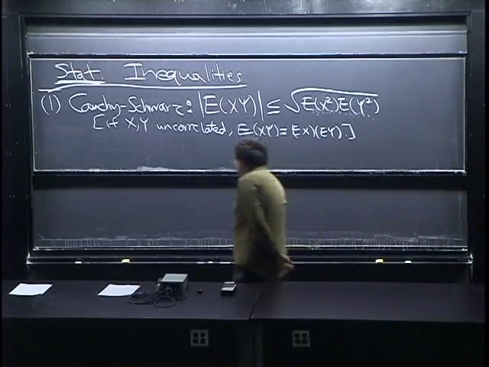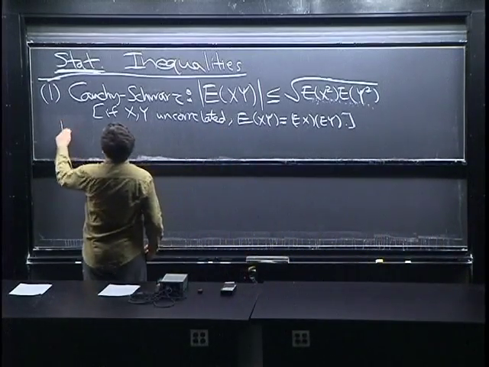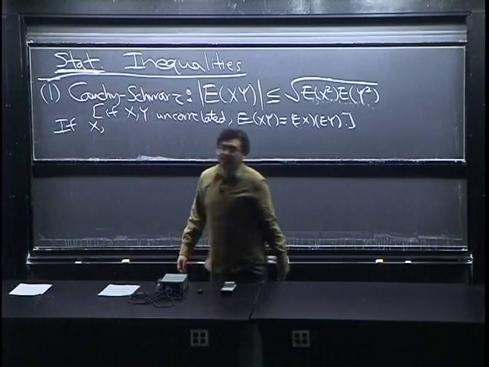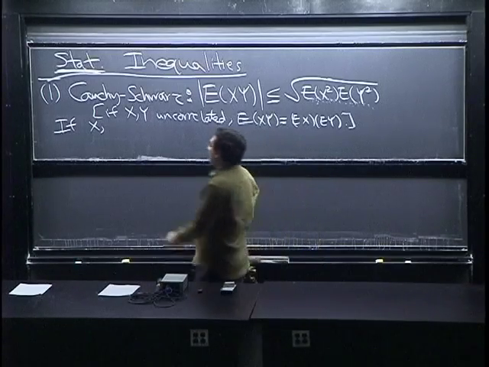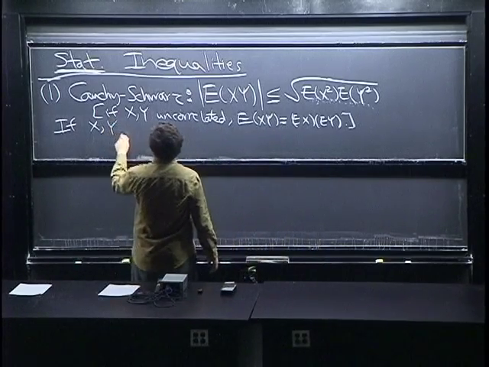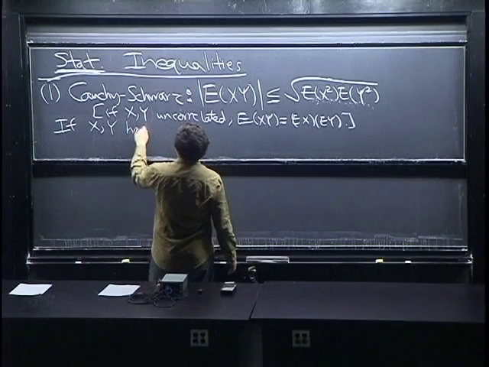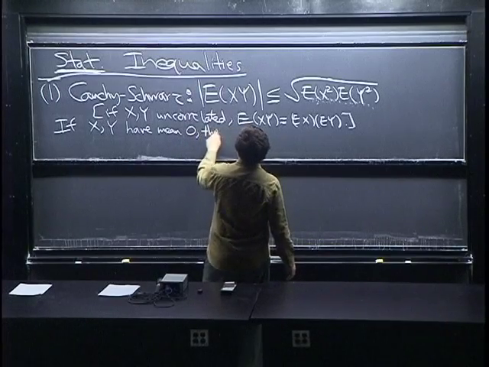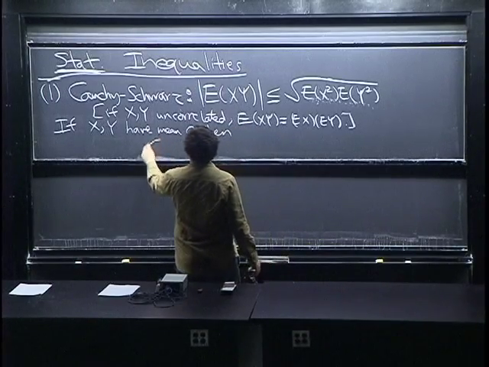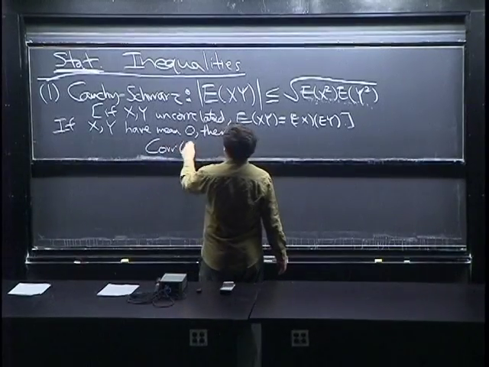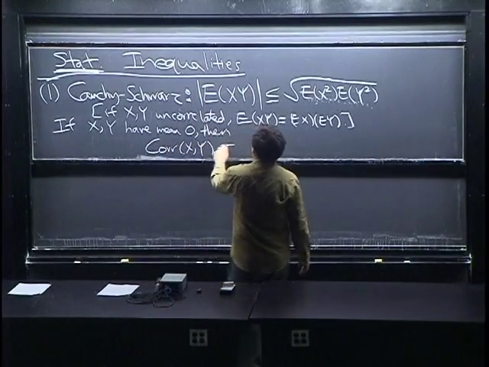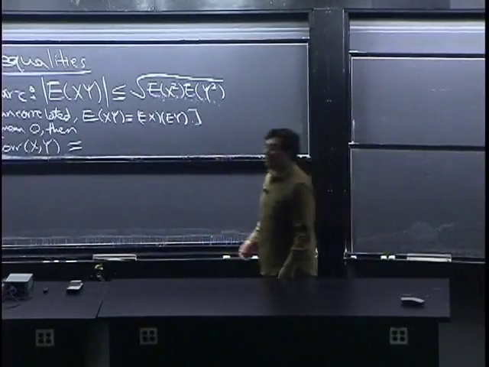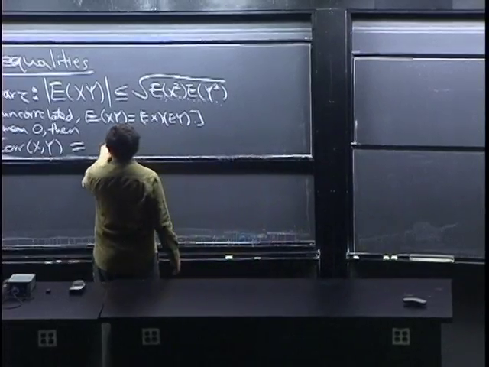Okay, and the statistical interpretation is easiest to see in the case where they have zero mean. And this is the case we've talked about before, because if x and y have mean 0, then the correlation between x and y, well, in general, to get the correlation, we take the covariance divided by the product of standard deviations.